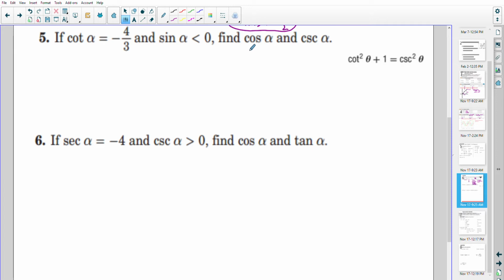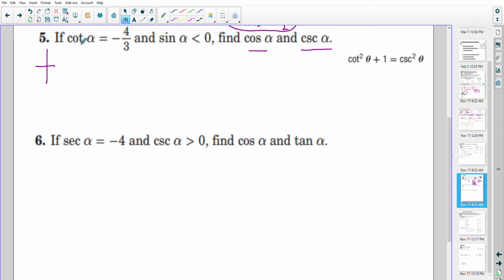the question is, what's the cosine alpha and the cosecant of alpha, given this? Now, it's telling me that I have a negative cotangent and a negative sine. The first thing that I want to do is determine what quadrant I am working in.